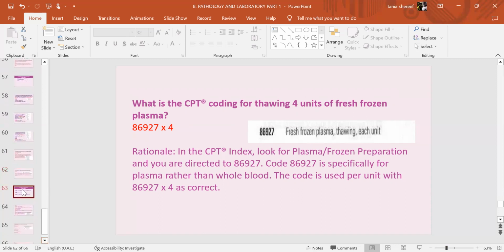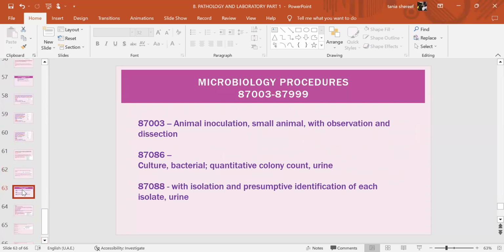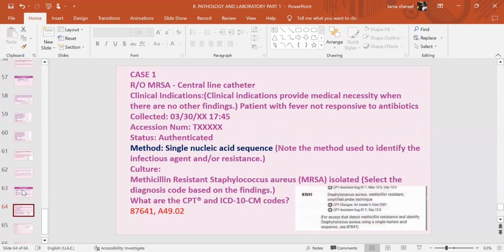Now, microbiology procedures. Example: report MRSA central line catheter. Clinical indication provides medical necessity when there are no other findings: patient with fever not responsive to antibiotics.